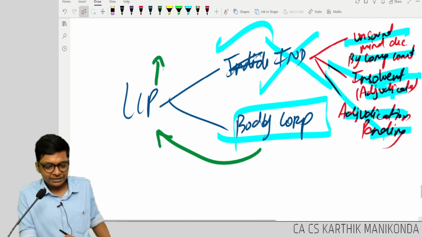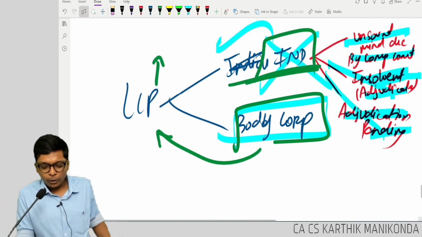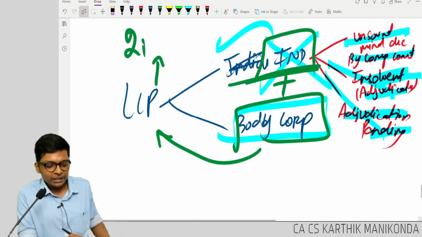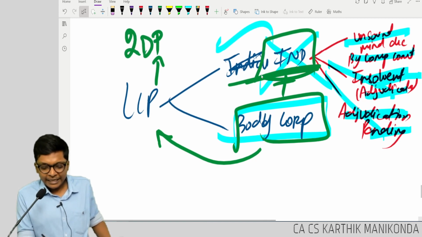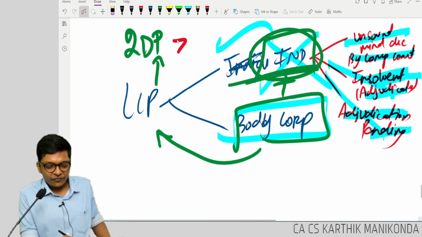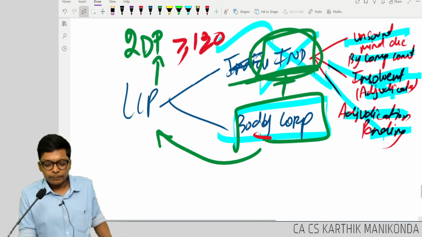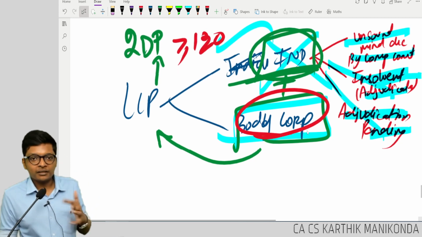Now come to members. Such individual plus body corporate, how many DPs should I have? 2 DPs. For an individual, we can find out whether he stayed in India for at least 120 days. For a body corporate, how to do the counting? We can't count.